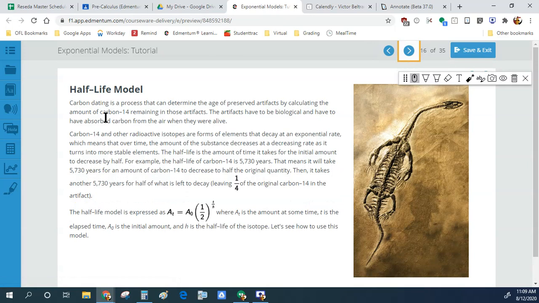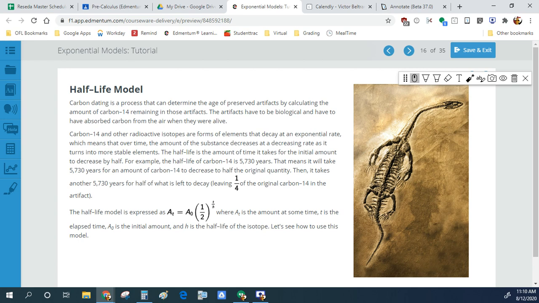This comes in handy when we're dealing with something like half-life. We want to figure out basically the opposite, when something cuts in half. If you guys have ever heard of carbon dating, when they figure out how old fossils are, they use this thing called half-life. They figure out the carbon 14.